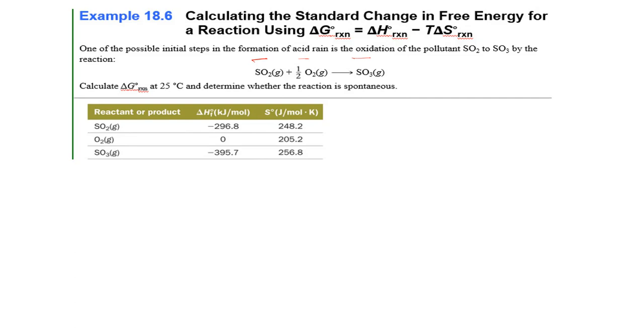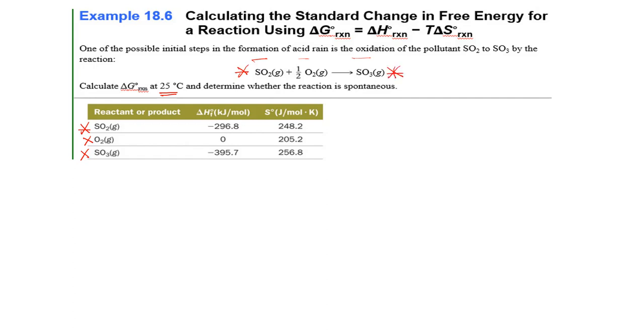So here you are given a table with entropy of sulfur dioxide and enthalpy of sulfur dioxide. The same thing for oxygen and sulfur trioxide. So if you are given a condition of 25 degrees Celsius, determine whether this reaction is spontaneous or not. So what you want to do first is to look at this equation as given here.